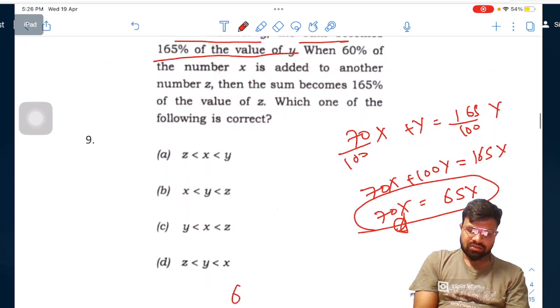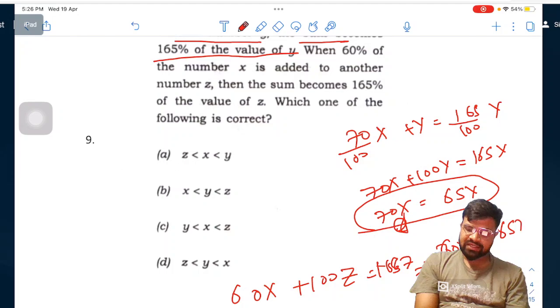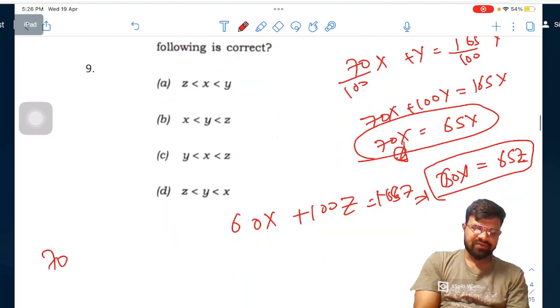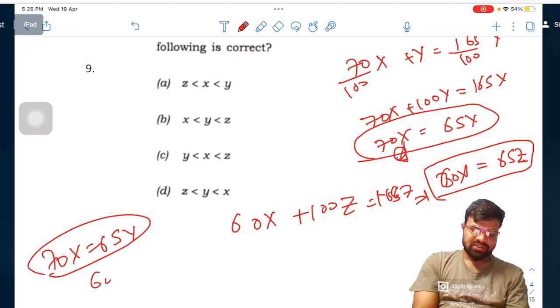Similarly, 60x plus 100z is equal to 165z. This will give us 60x is equal to 65z.